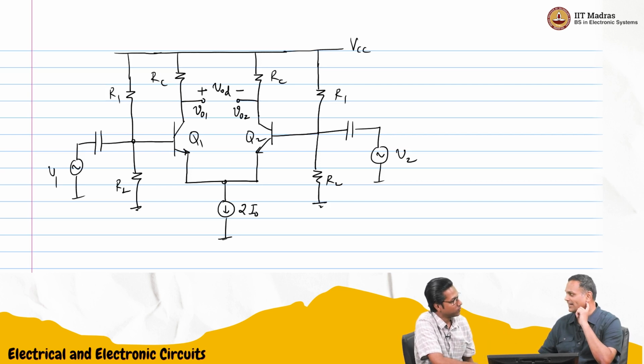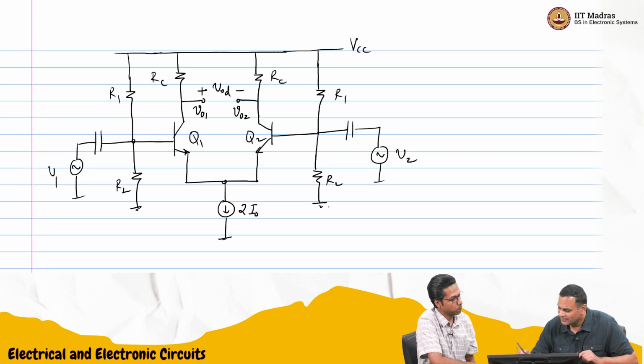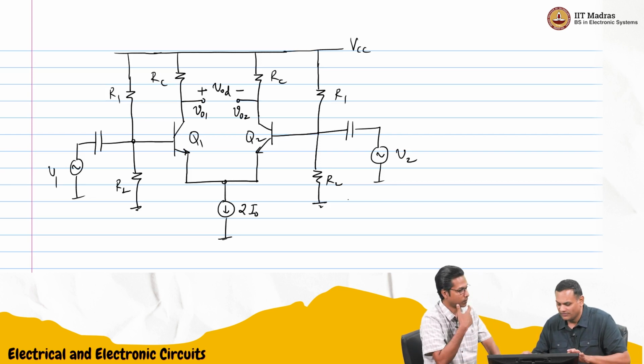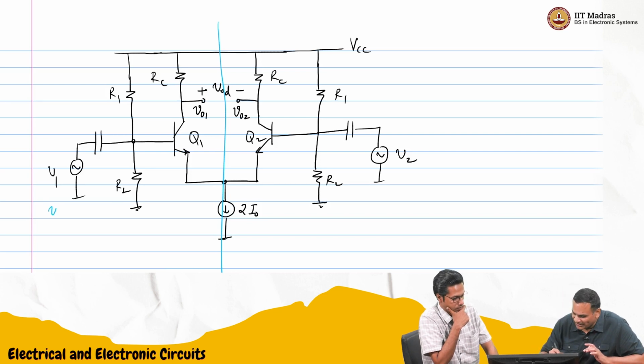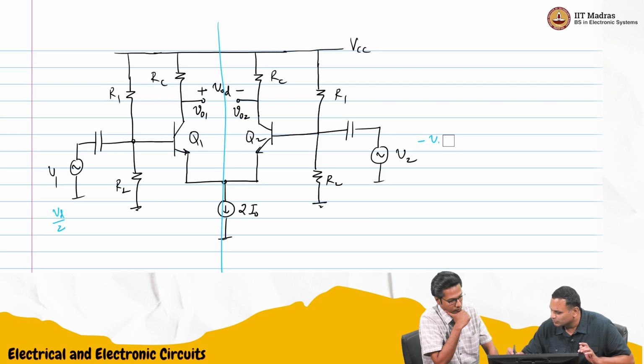Because actually now I am seeing this, we wanted V1 minus V2. So you can just say that the whole circuit is symmetric, and you are applying VD by 2 and minus VD by 2 here. Yeah, and minus VD by 2.